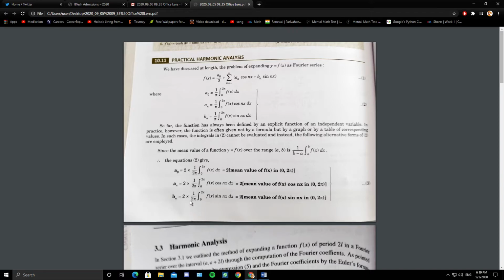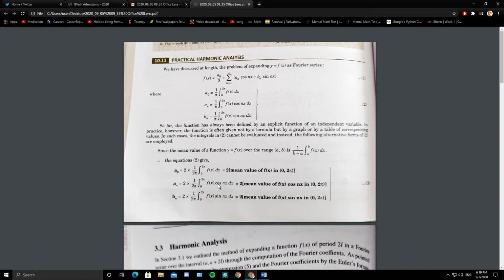Similarly, b n is 2 times the mean of f of x sin nx. So you remember, we will not be doing the integration in harmonic analysis as we did in the first two topics. A naught is 2 times the mean of the function f of x.